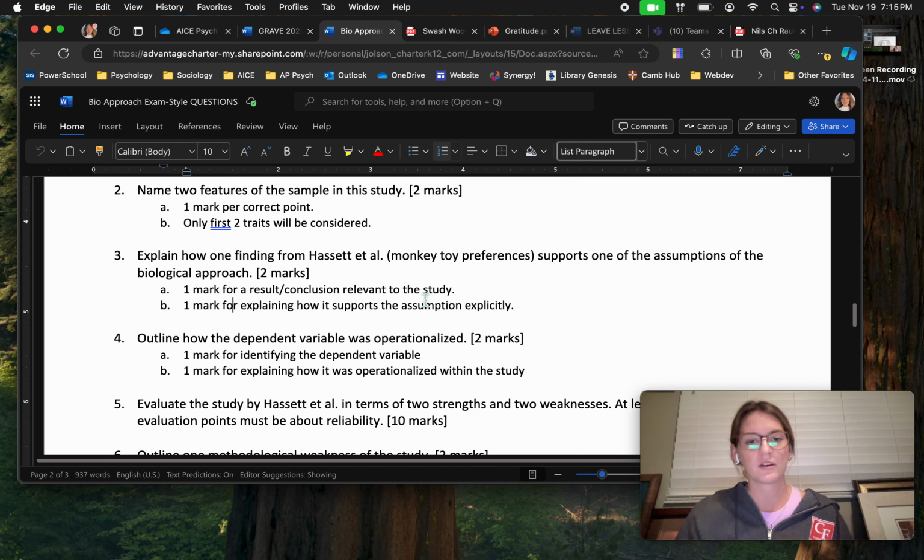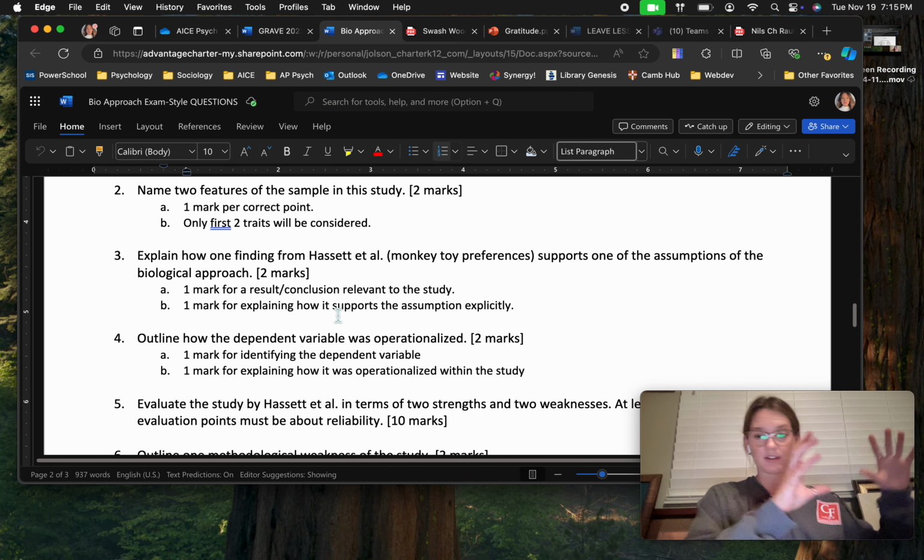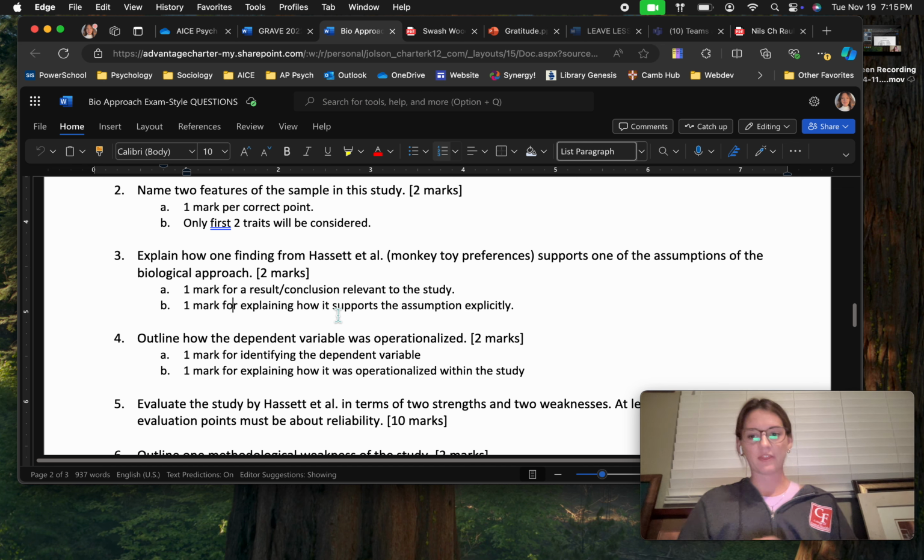The other mark is going to come from how we can tie that result or conclusion directly to one of our assumptions of our biological approach. Remember, Hassett et al. is monkey toy preferences. It is in the biological approach, right? So one of the assumptions from the biological approach. And this is the same thing as a link. Do you remember how when they give hypothetical situations, you have to link your answer directly back to the scenario they've laid out for you?